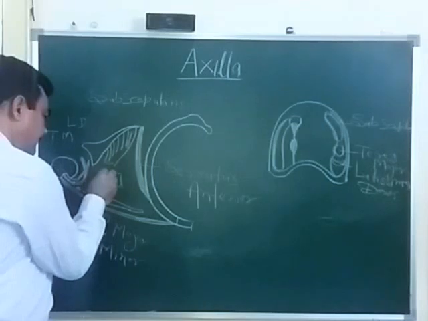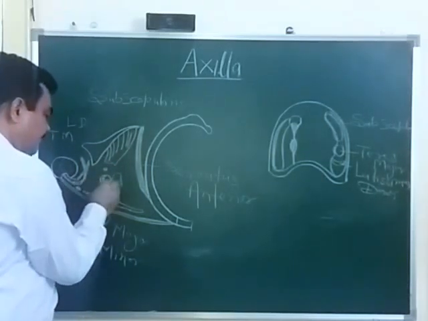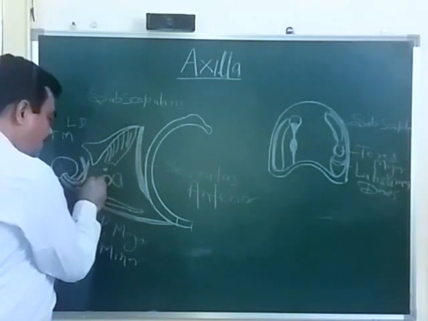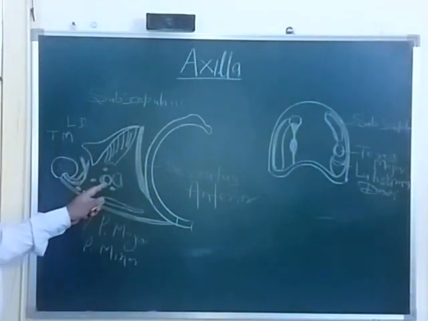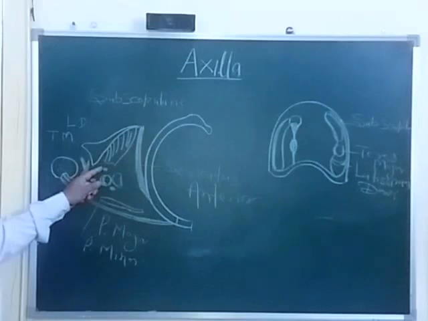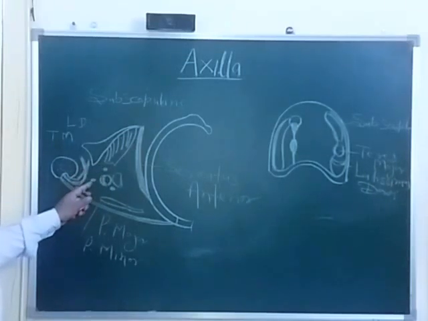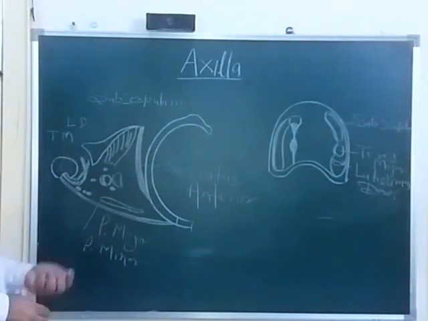And here is the posterior cord, the lateral cord and the medial cord of the brachial plexus. In relation with this axillary artery, this is the posterior cord of the brachial plexus, this is the lateral cord, and this is the medial cord. So these are important contents.